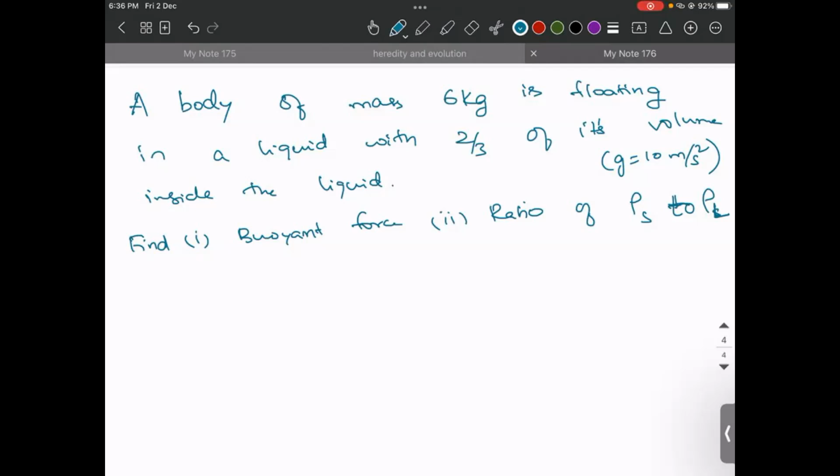A body of mass 6 kilogram is floating in a liquid with 2/3 of its volume inside the liquid. So how to do this? Mass is equal to 6 kilogram. Volume of the immersed portion is 2/3 times V. Find the buoyant force.